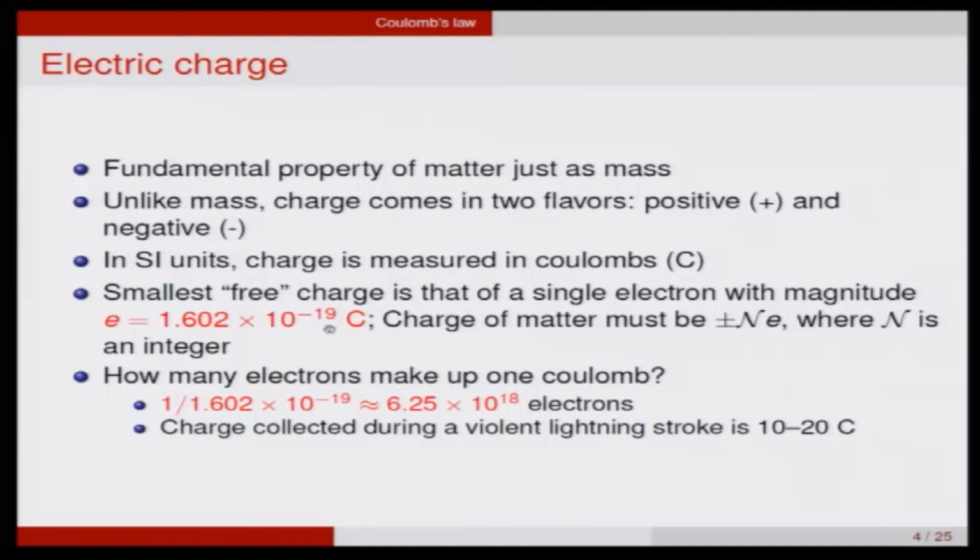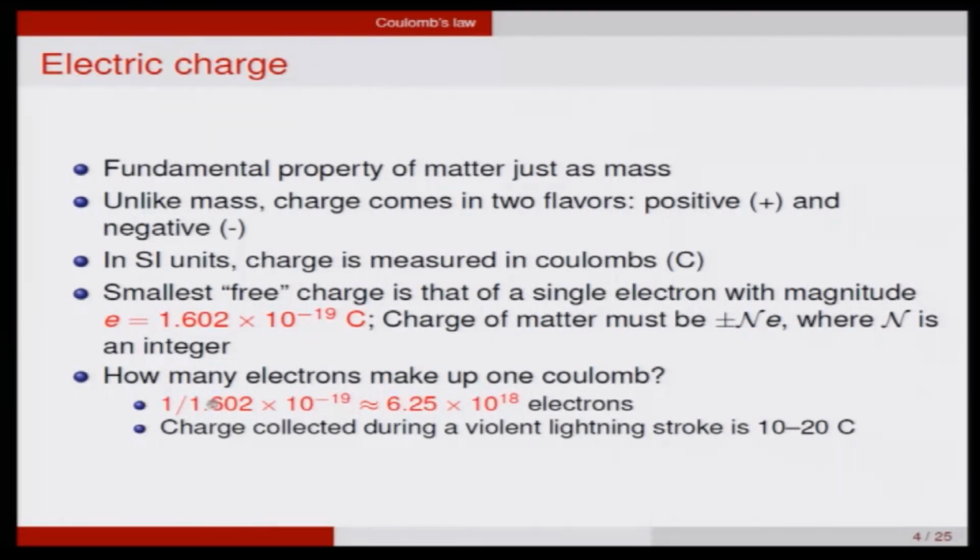Just to give you an order of estimate, how many electrons does it actually require to make up 1 coulomb? One electron charge, or the smallest magnitude free charge, is 1.602 × 10^-19 coulombs. So, to make up 1 coulomb you need 1 divided by the value of e.